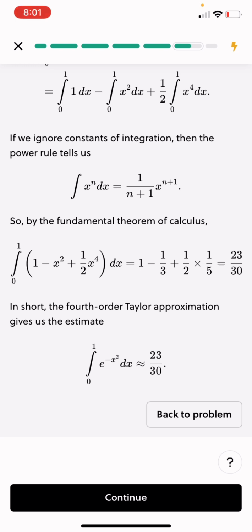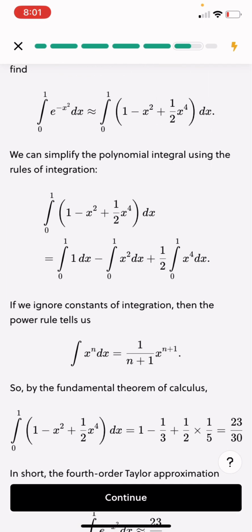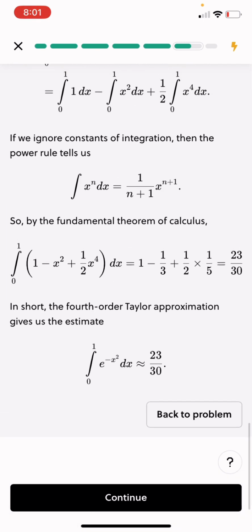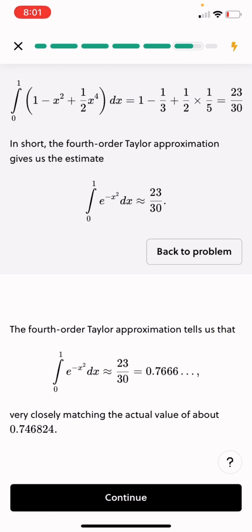In short, the fourth order Taylor approximation gives us an estimate equal to 23 over 30. So it's an estimate, and I don't know if we will get the exact answer, but a rough estimate is best.